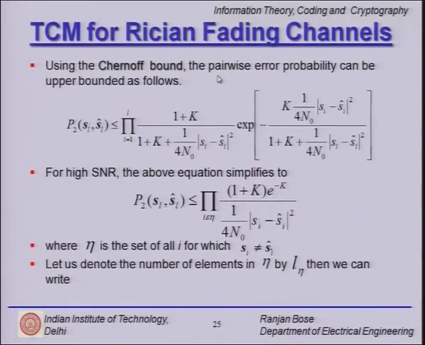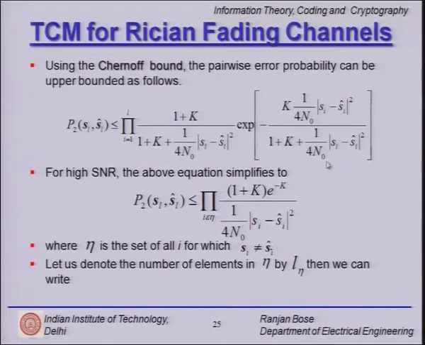So, we use Chernoff bounds, and we can write the upper bound on the pairwise error probability as follows. So, this is the pairwise error probability between S_L and S_L hat. This is the expression that comes out, where K is the Rician parameter. So, if you see for the high SNR scenario, well, this is low.